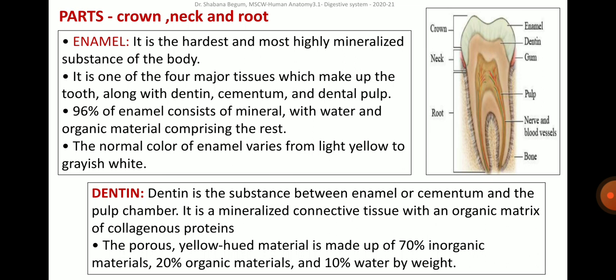So, next part is the dentin. Dentin is the substance between enamel or cementum and the pulp chamber. It is a mineralized connective tissue with an organic matrix of collagenous proteins. It is a porous, yellow-hued material made up of 70% inorganic material, 20% organic materials and 10% water by weight.